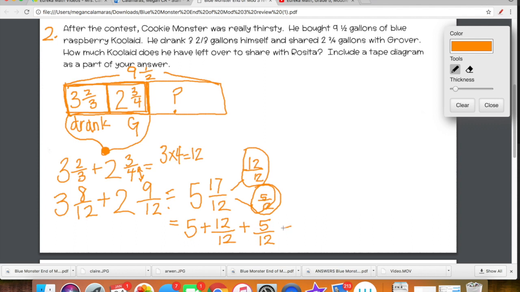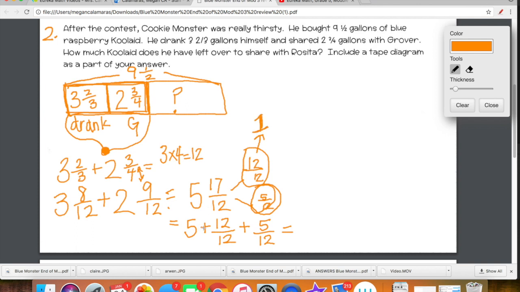What we're trying to do is make this a kind of a nicer looking fraction because it's improper. And you know, I think we can do better than that. 12 twelfths, as you guys know, is just a fancy way of saying whole number 1.